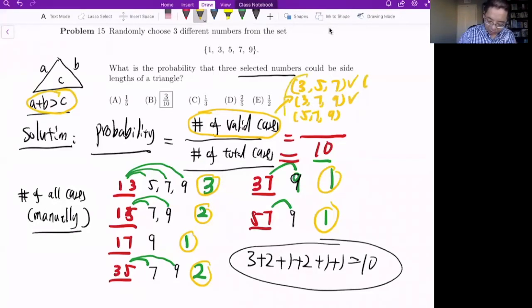So in total, we only have 3 valid cases. So the answer will be 3 over 10, because probability by definition is a fraction: the valid cases divided by the total number of cases.